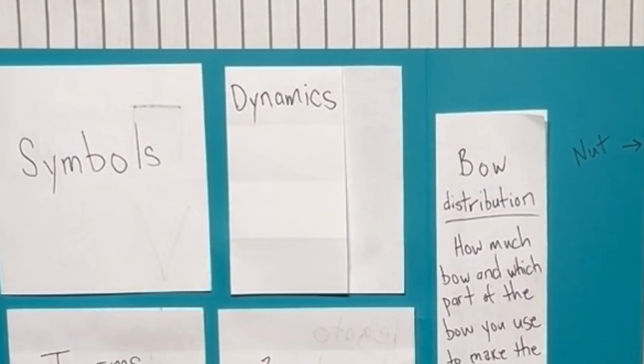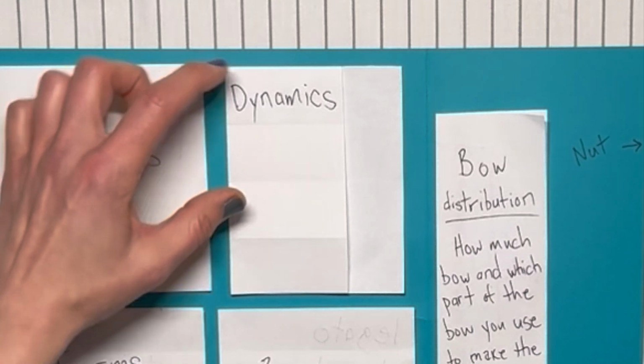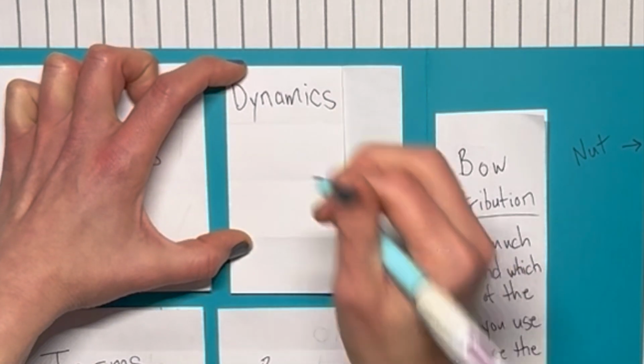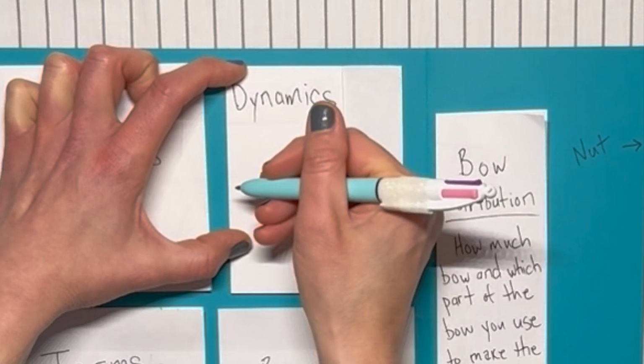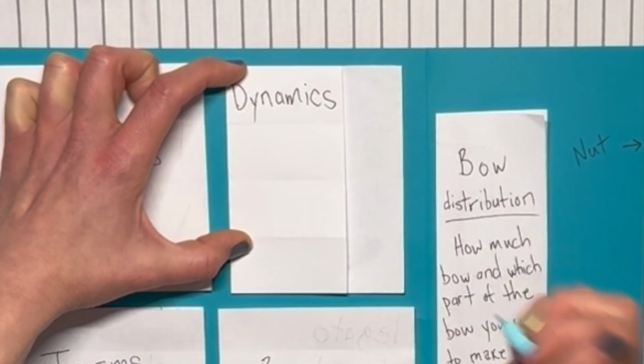Dynamics. You can, of course, pause if you need time to catch up on that. Well, what are dynamics? Such a good question. Dynamics are volume changes in music, okay? So we're gonna write volume in music, all right?